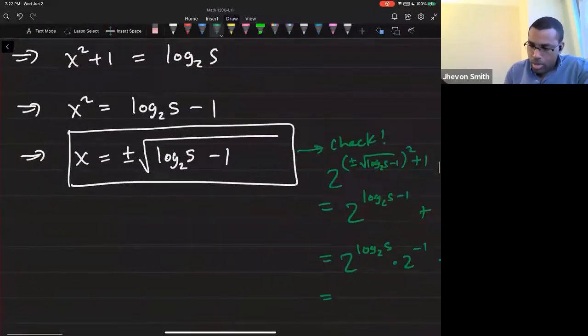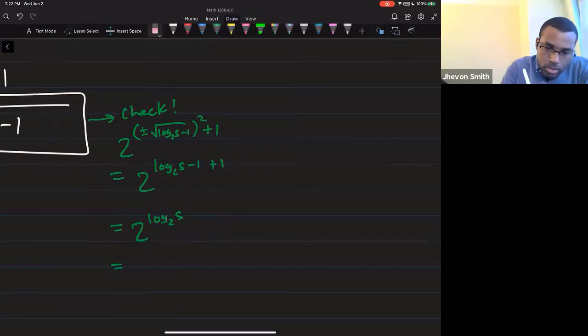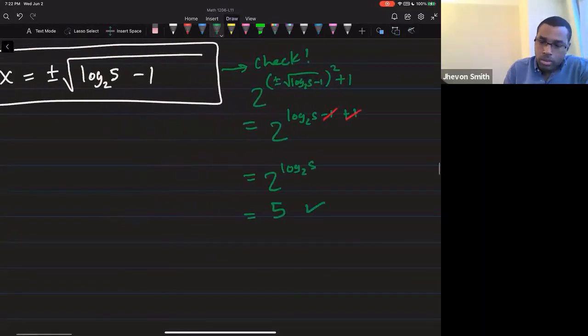Oh, sorry, that plus 1 was in the power. See, when you write things in the wrong position, that plus 1 is supposed to be up here. So those would cancel right away, and you just end up with 5, which is what you should have gotten.